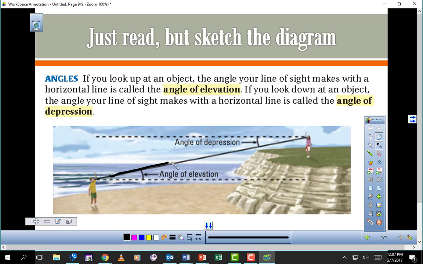Elevators are going up. So it's an angle that's made with the horizon and goes upward. Now depression, think of this: it should remind you about being down. It's like, oh, I feel so down today, I feel low. Depression. So think of it as going down. That measures an angle down from the horizon.